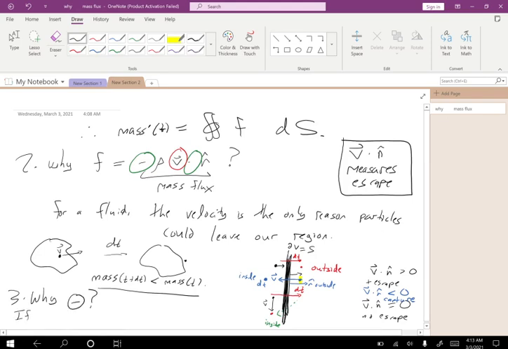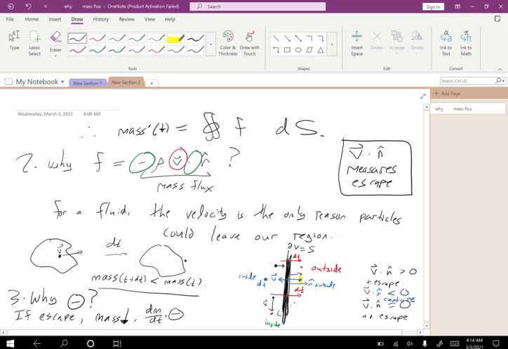So if escape happens, then the mass will decrease. So therefore, dm/dt would be less than 0 in that case.